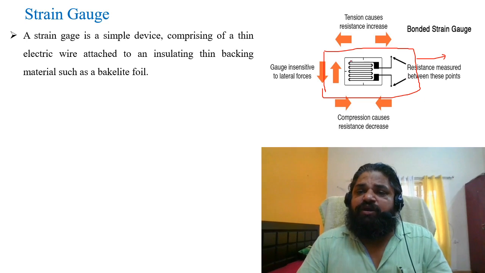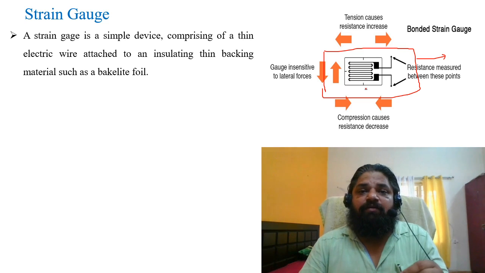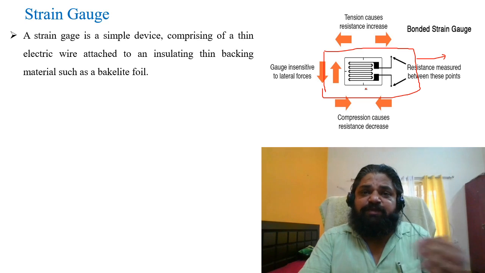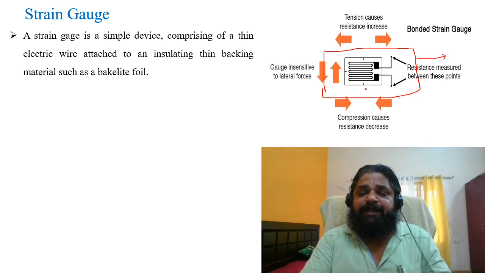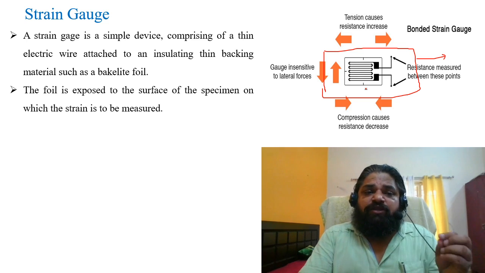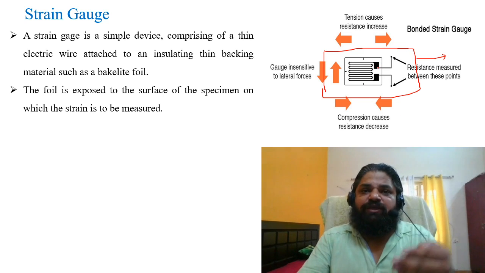Anyway, it is going to change the length of this wire or circuit, which changes the resistance. We know there is a relation between the length and the resistance of a wire, the basic principle we studied in basic electrical engineering. The foil is attached to the surface of the specimen, that means it will be glued to the surface of the body.